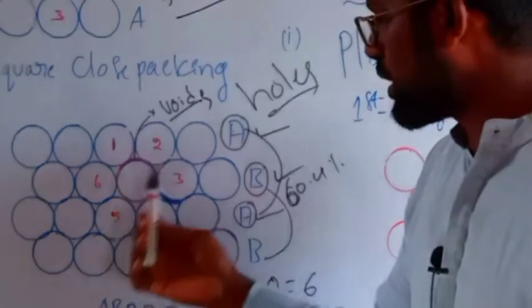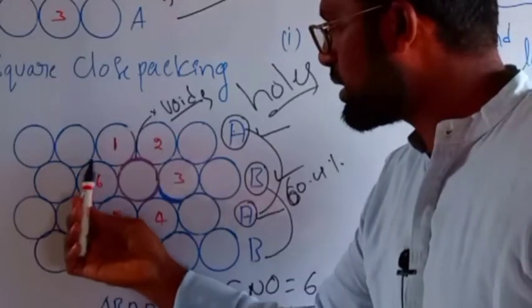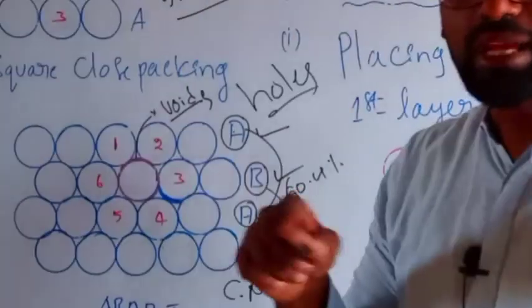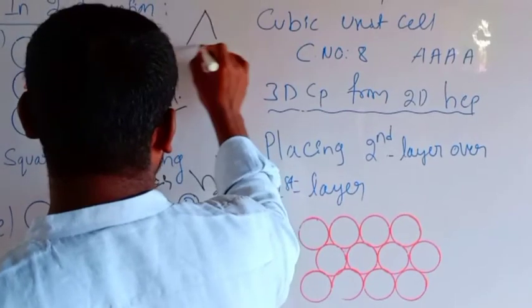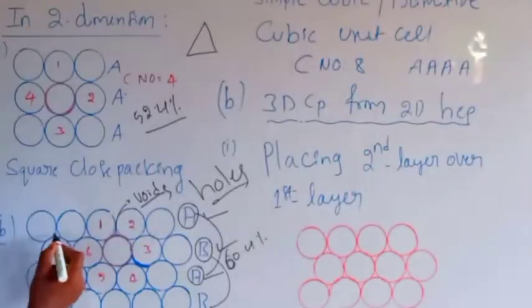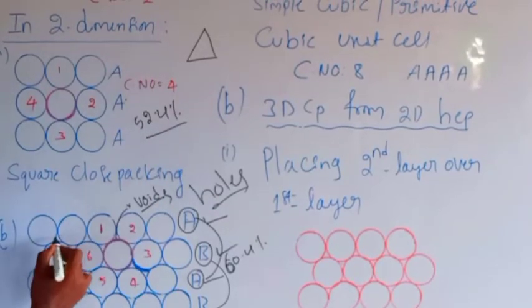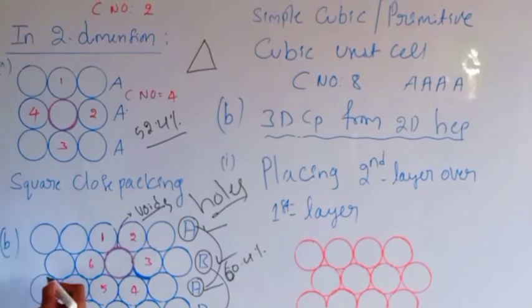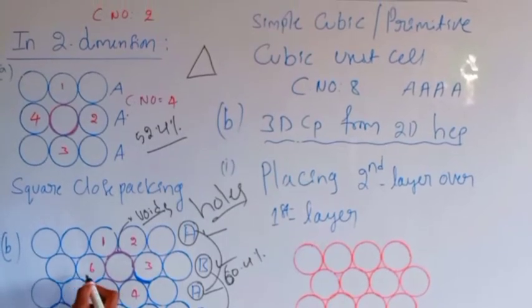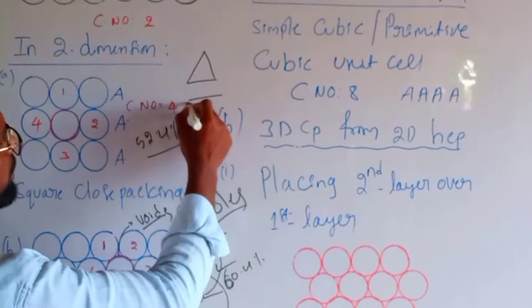If you observe, these voids are in a triangular shape, like this. But in one row, the apexes of these triangles are showing in the upward direction, but in the next row, the apexes of the triangles are showing in downward directions.